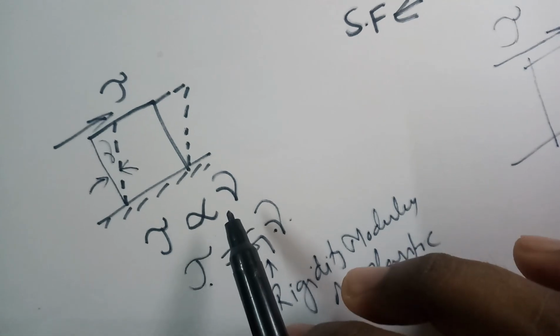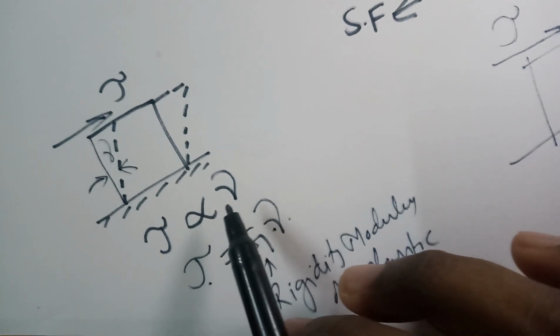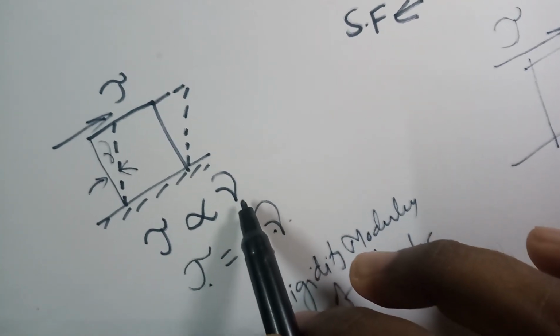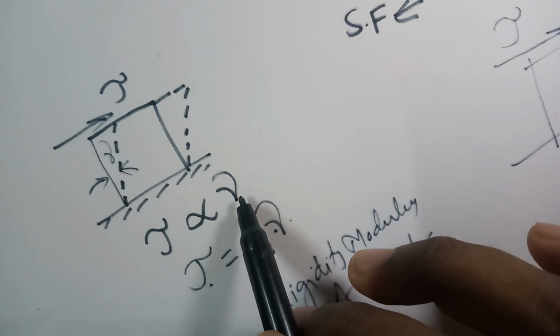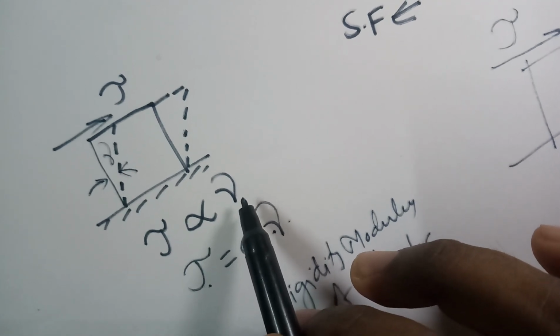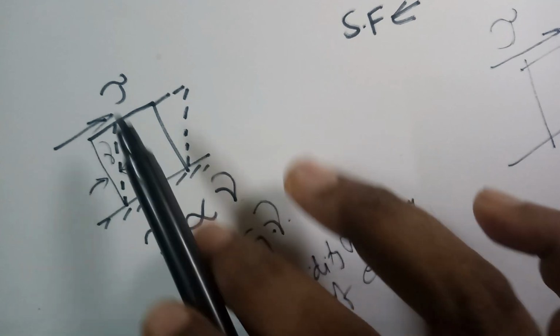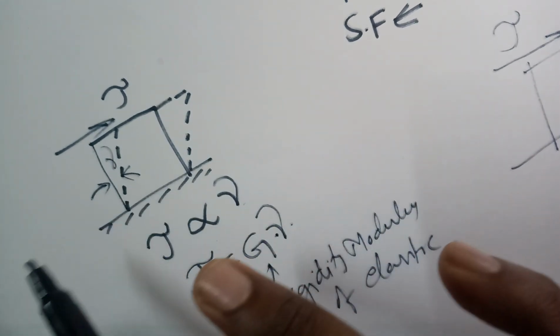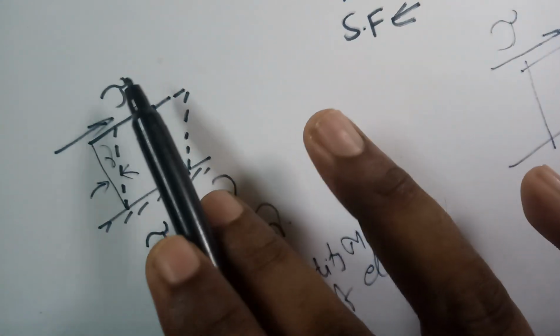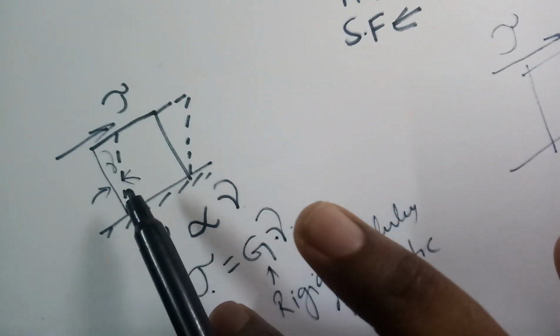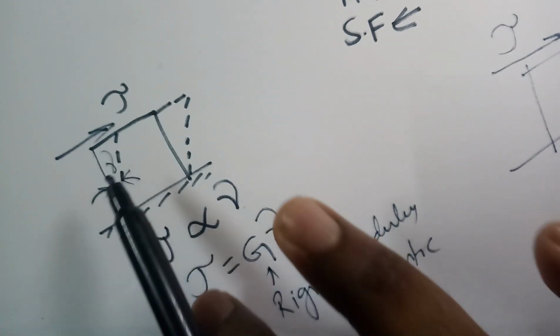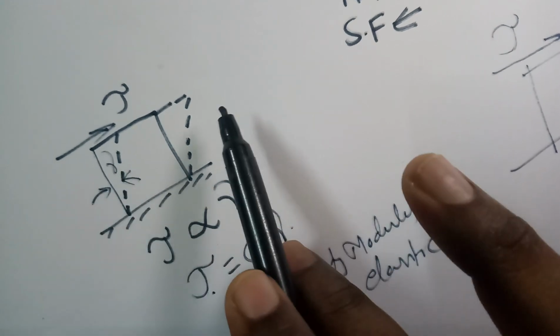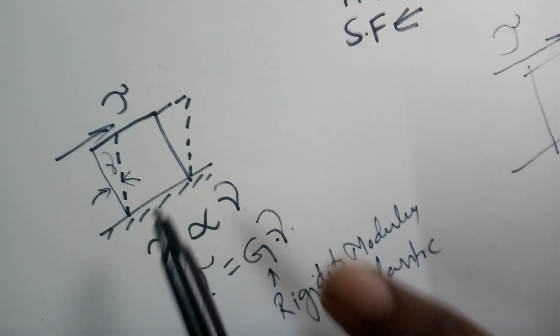It is not dynamic in nature, meaning the shear strain does not change with respect to time. If you apply a certain amount of shear force, you will get a certain amount of shear strain, and this does not vary with time in the case of solids.